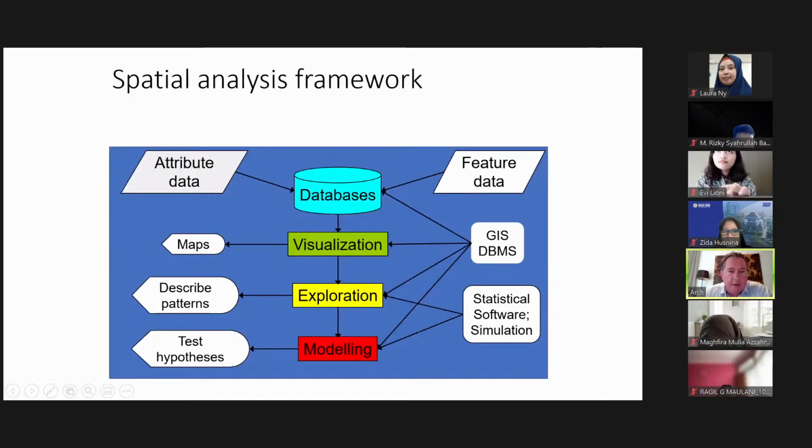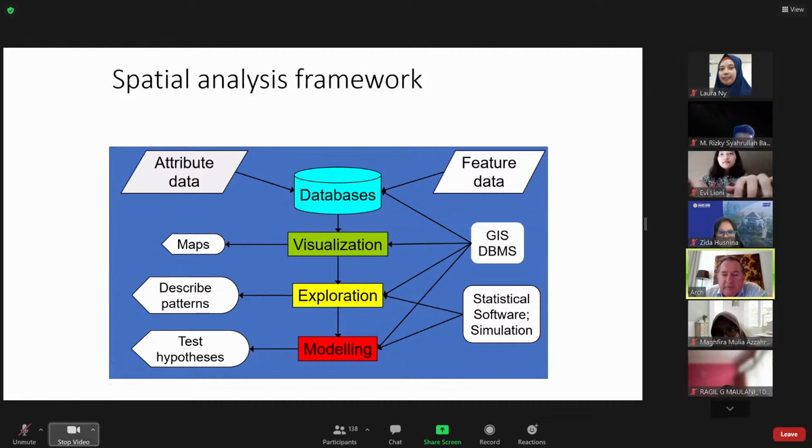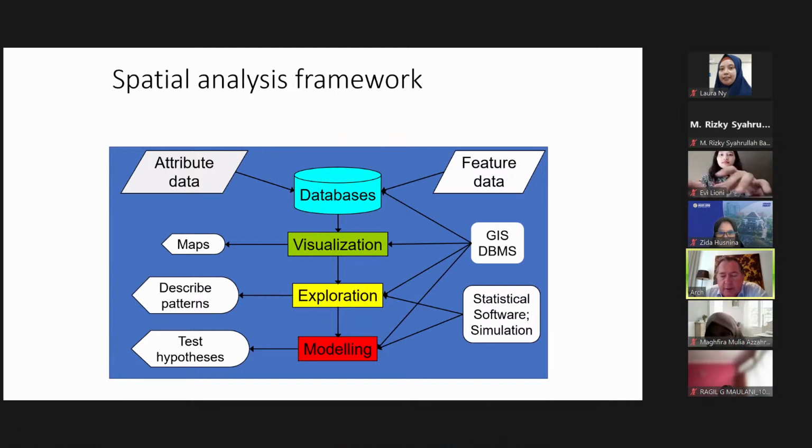Here we have a simple spatial analysis framework, which I'm going to use to structure the rest of my talk. One way of conceptualizing spatial analysis is to consider that there are three different levels. There's visualization, the green box, which is visually interpreting spatial patterns in disease data.